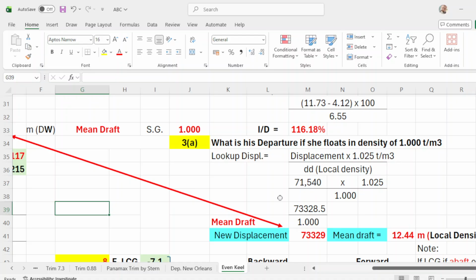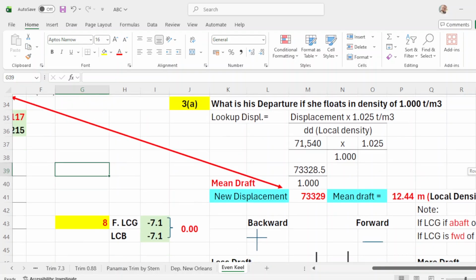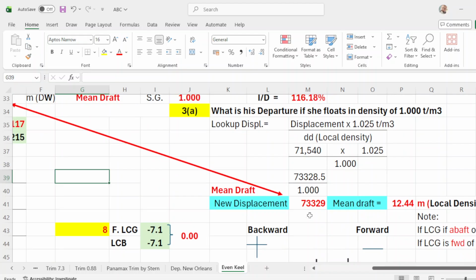So displacement is 71,540 times your saltwater density 1.025 over your local density of 1. And the answer would be, the displacement at 1.00 density is 73329, which corresponds to 12.44.